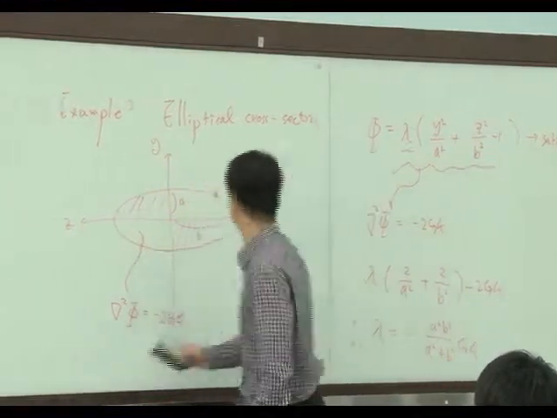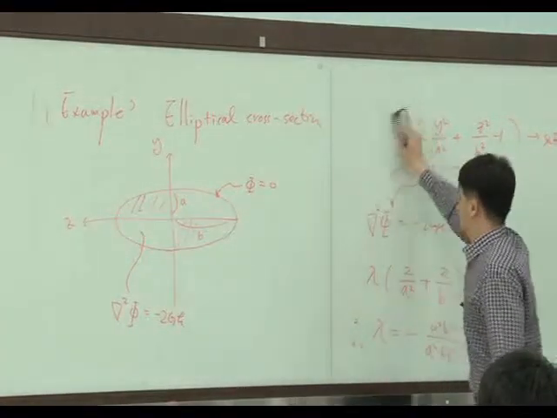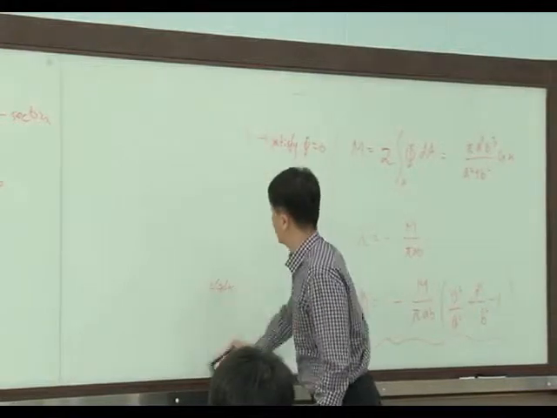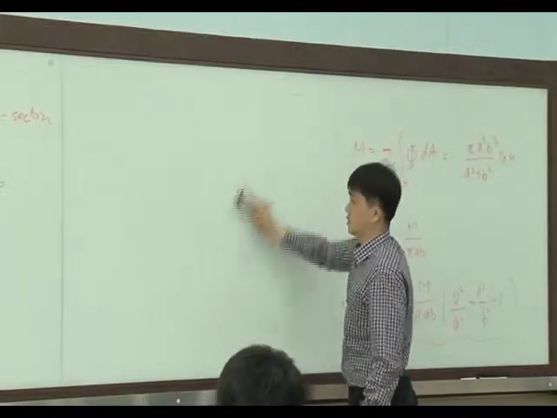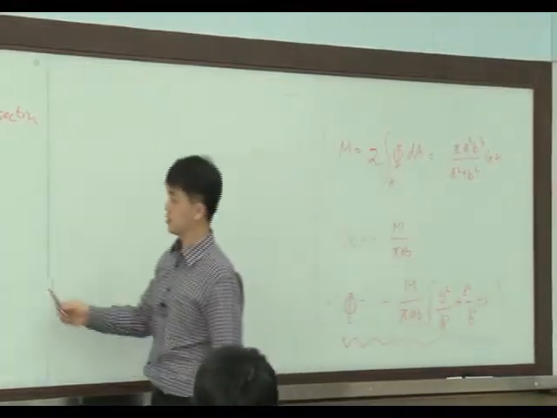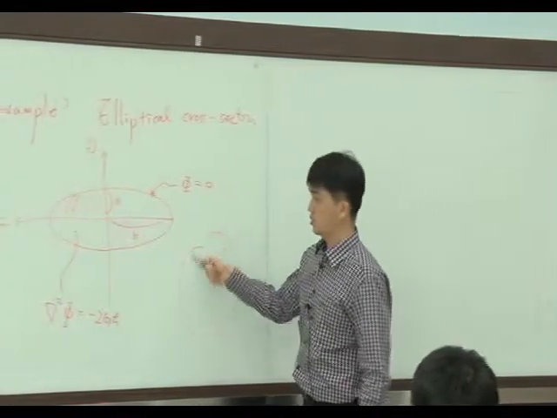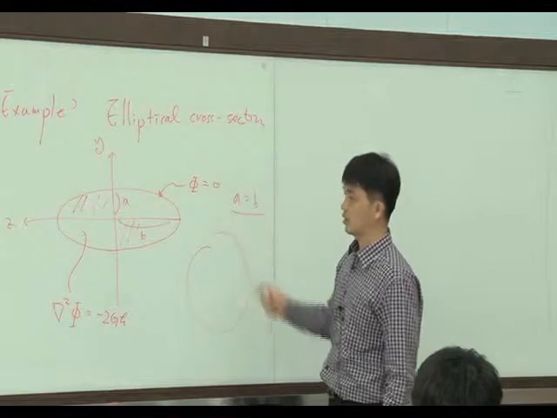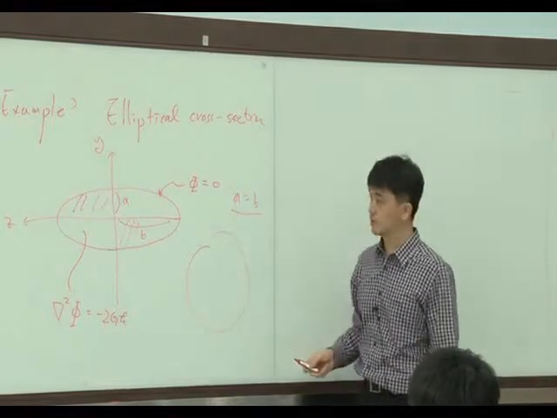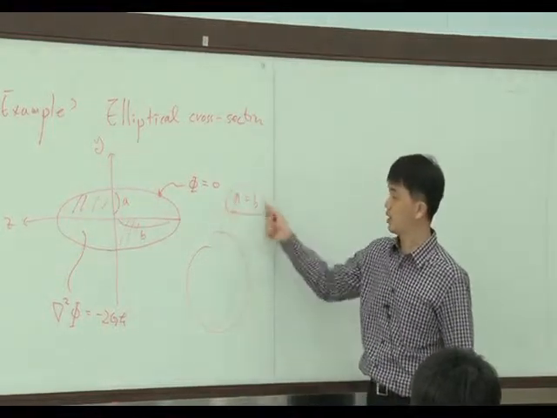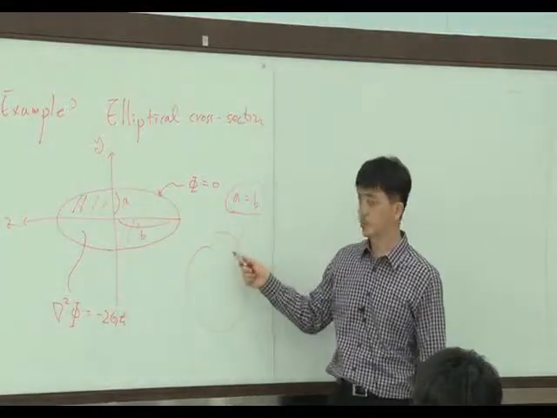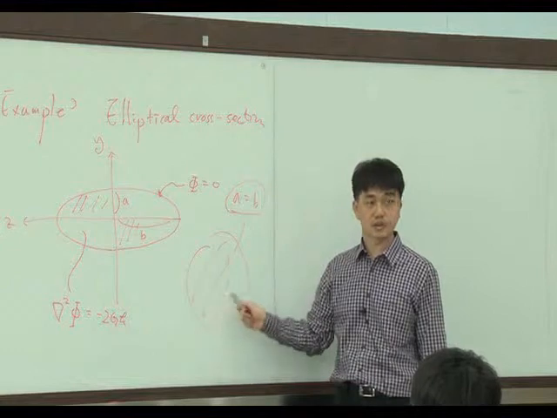Okay, so if we look at that equation, for the circle, A and B are the same, right? If A and B are the same, then it becomes a circular cross section.